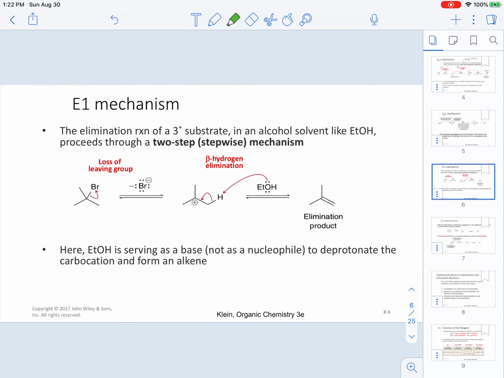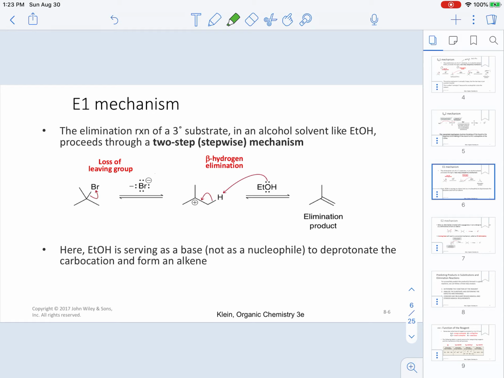The next mechanism that we're going to be talking about is an E1 mechanism, which is elimination 1 mechanism. As you can see, in the elimination reaction, we're going to have a tertiary substrate, okay? And similarly, we are going to be having specifically an alcohol as a solvent, okay?